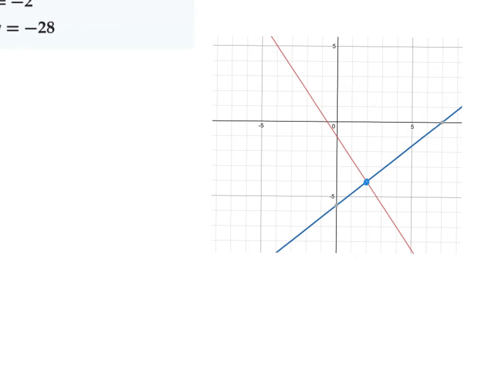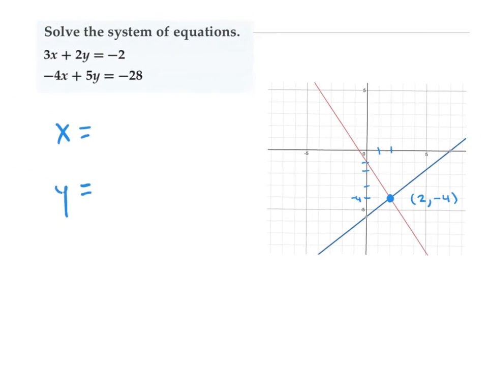We're looking at the point where these two graphs intersect. What's the coordinate of this point? 2, -4. So we go to the right 2, down 4. So our point's at 2, -4. So what's x going to be equal to?